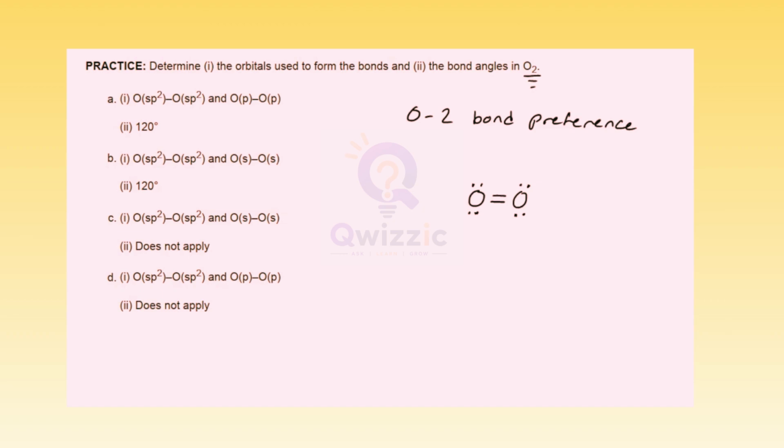So now let's talk about hybridization. Recall that hybridization is dependent on how many quote-unquote groups surround the atom that you're focusing on. And when I say groups, I'm referring to 2 distinct categories, either electron pairs or atoms connecting to the atom of interest.